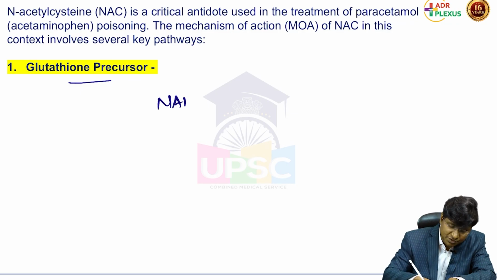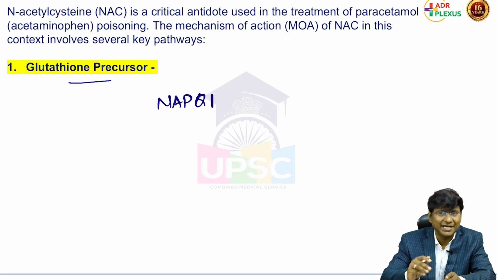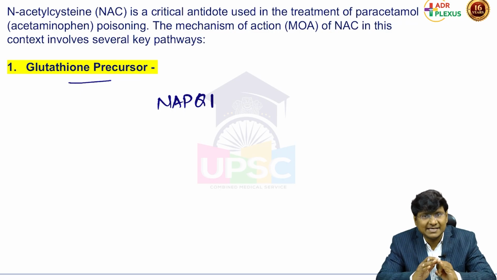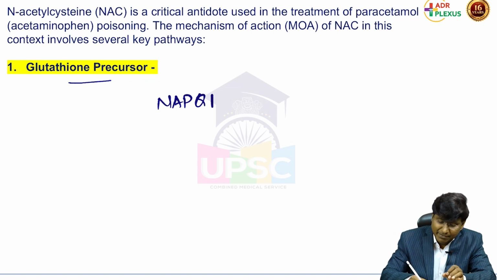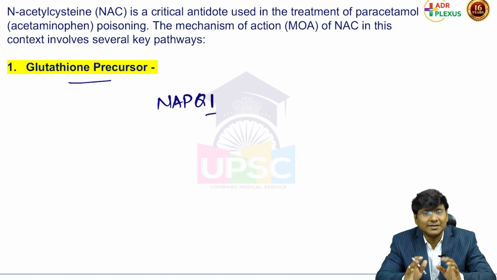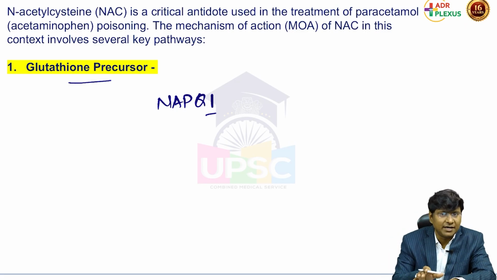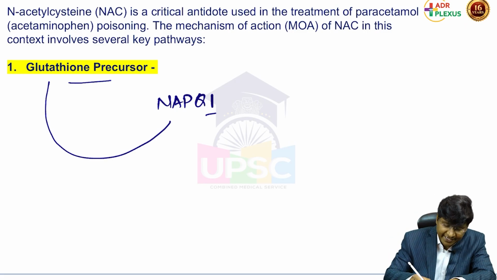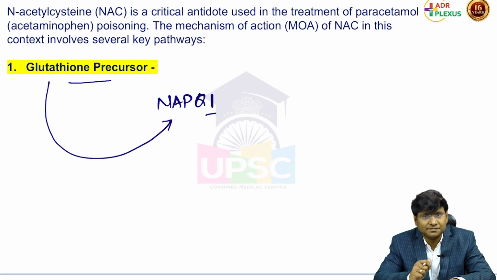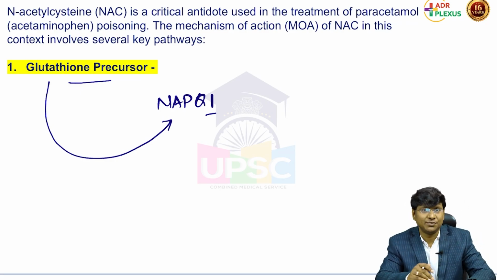The toxic substance being produced is NAPQI, that is N-acetyl-para-benzoquinone imine. That is the toxic intermediate product, okay? Now this toxic intermediate product is detoxified by glutathione.